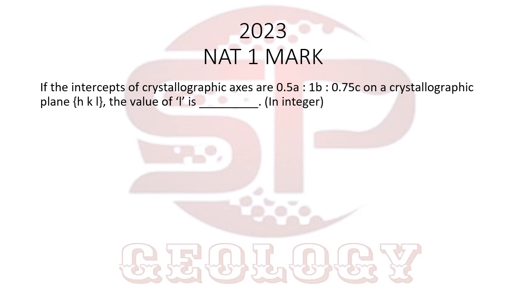If the intercepts of the crystallographic axes are 0.5 A, 1 B, 0.75 C. So intercepts are given, write down in terms of ABC: 0.5, 1, 0.75. So you have to calculate the crystallographic plane, the value of L. So you just take the reciprocal: 1 by 0.5, 1 by 1, 1 by 0.75.